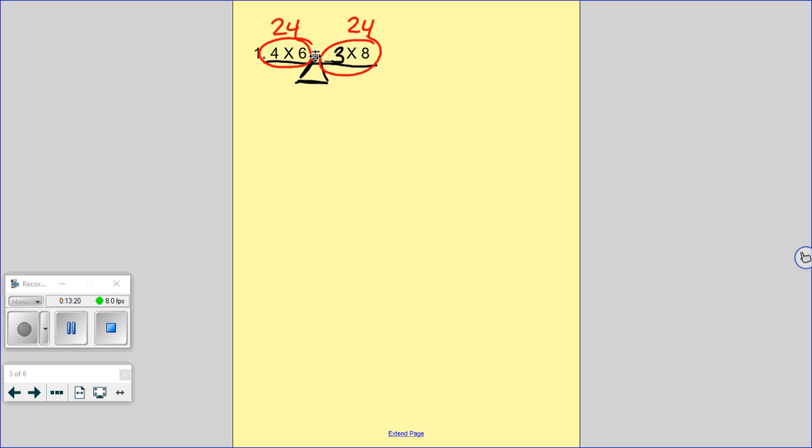They both equal 24. Do these numbers look exactly the same? No, I got different numbers altogether. Equal sign does not mean the exact same thing. It just means that they are worth the same. They have the same value.